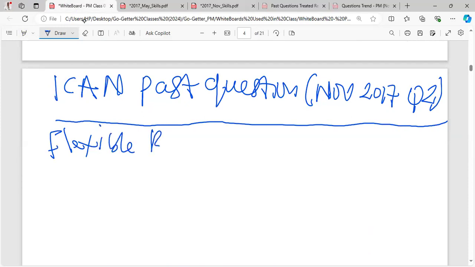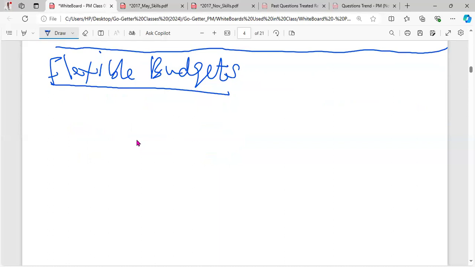Flexible budgets. So what we do now, we will set the budget quantity. At this far end here, we have cases.